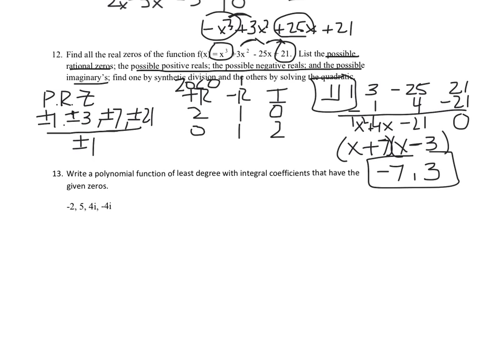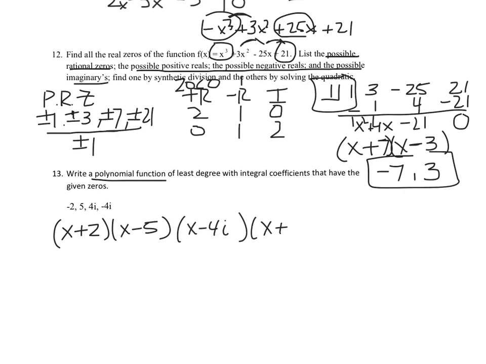And number 13, they're giving us the zeros. They want us to find the function. So for each of these zeros, I should write the factor. So that'd be x plus 2, x minus 5, x minus 4i, x plus 4i. And then multiplying these together, you'd FOIL.